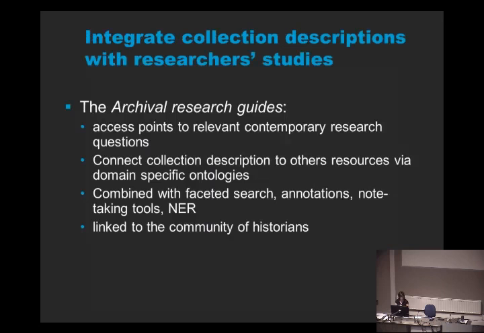So how have collection descriptions been integrated in this work? They are considered as an access point for further sources, but also all these collection descriptions contain really rich information. So by applying some technologies such as named entity recognition, you can extract very useful entities that can be integrated later in the domain ontology.